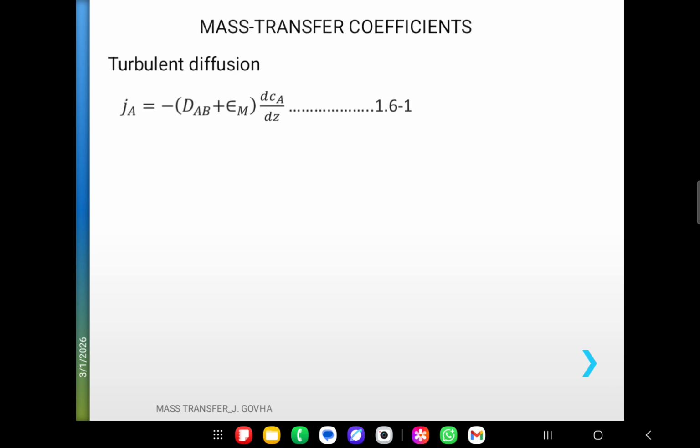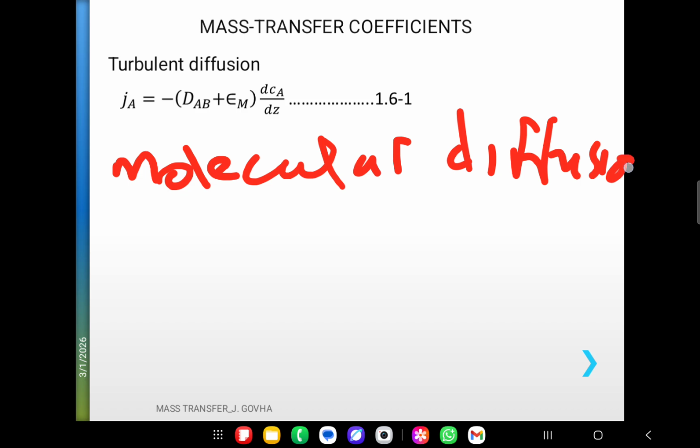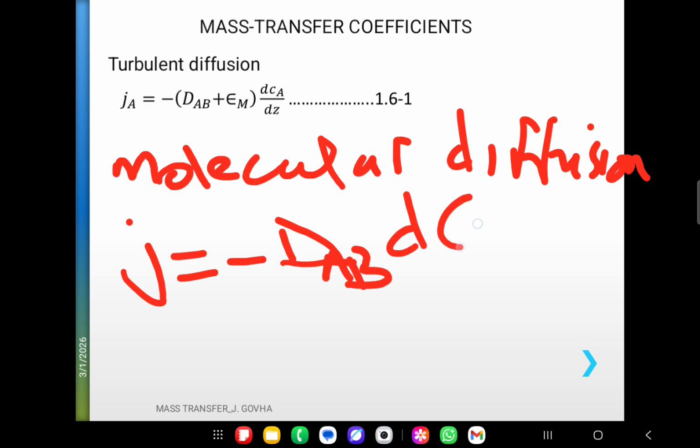Turbulent diffusion. Right, so here we want to look at the equation that is given by turbulent diffusion. Remember, the equation for molecular diffusion is J equals minus DAB dCA/dZ.